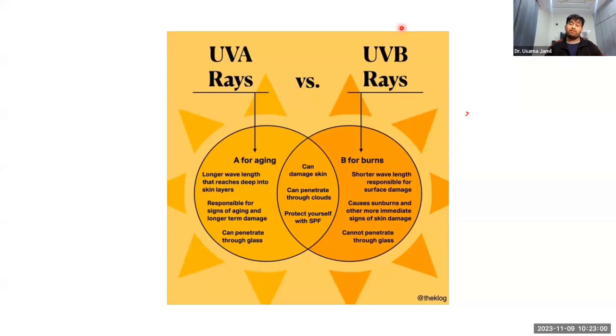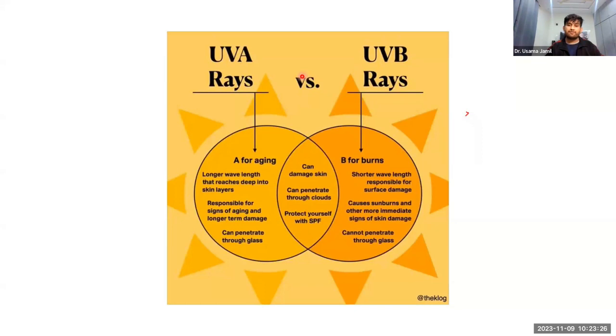So if we speak of the rays, UVC gets blocked by the ozone layer, and UVB gets blocked easily by glass. Then the only rays that can reach us are UVA rays. If we are under glass, we are automatically protected from UVB and UVC.